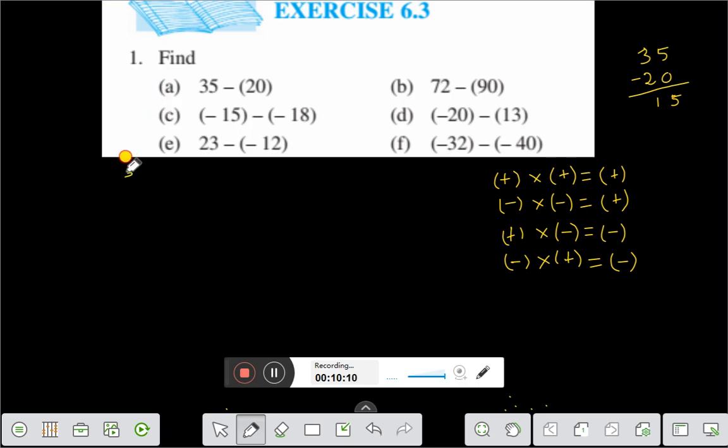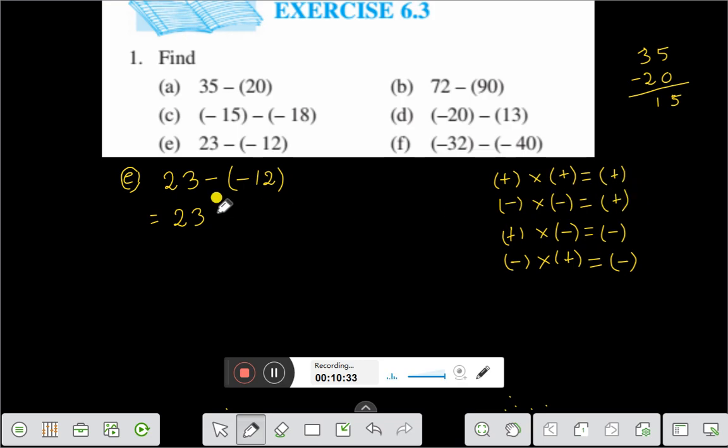This is 23 minus of minus 12. That means we are getting 23 and minus into minus. You see that minus into minus is plus.